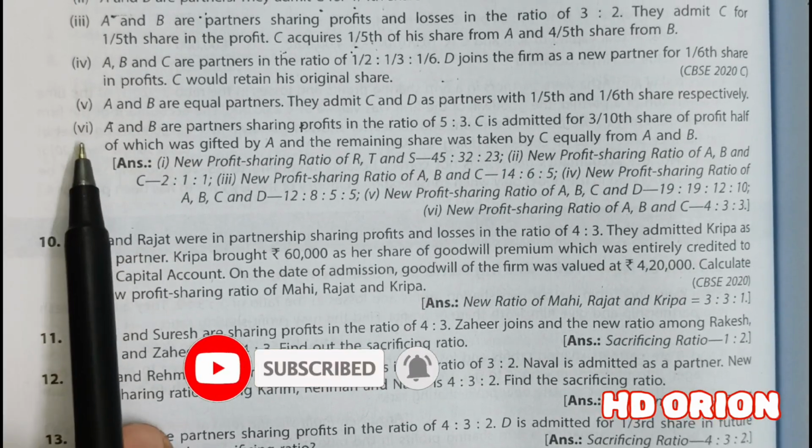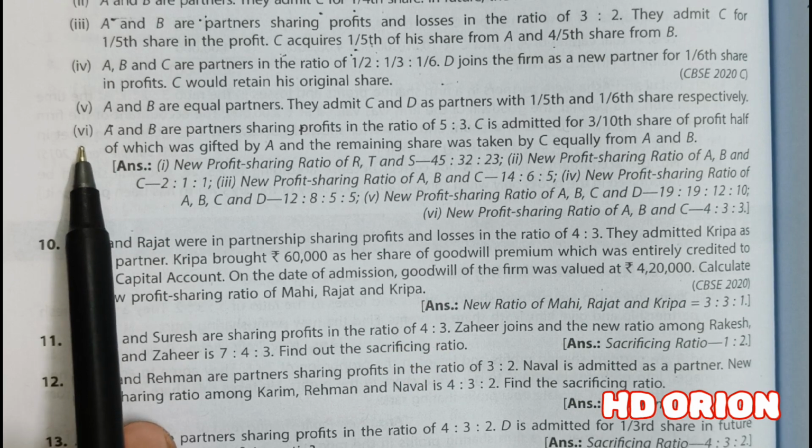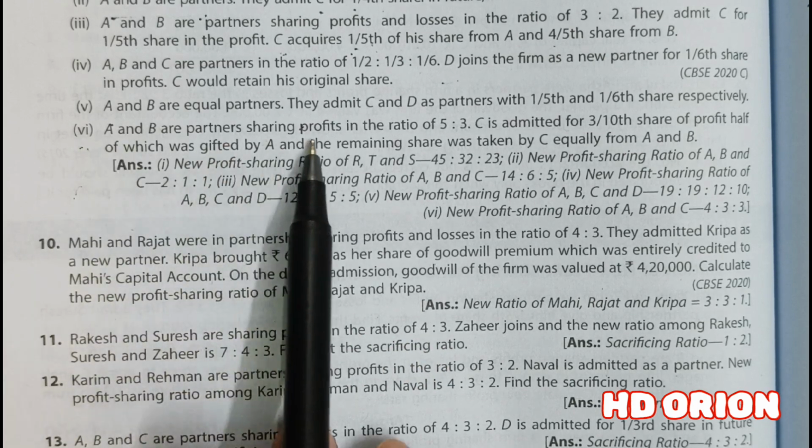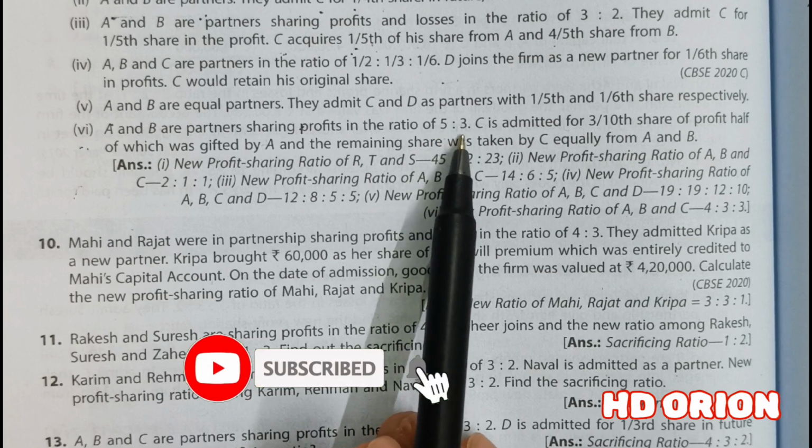Now, question number 9, sixth part. A and B are partners sharing profits in the ratio of 5:3.